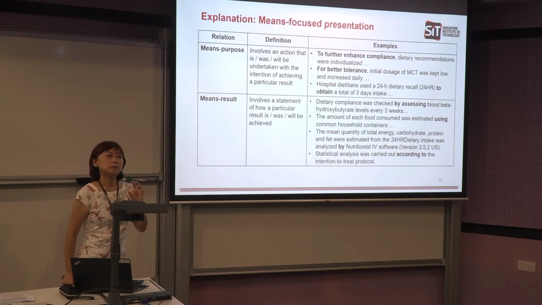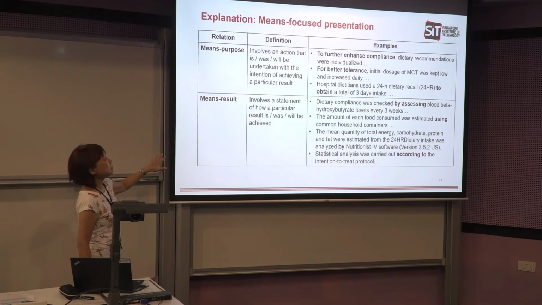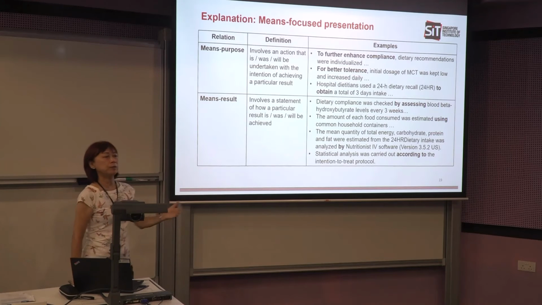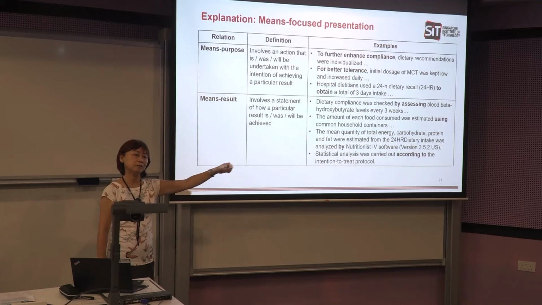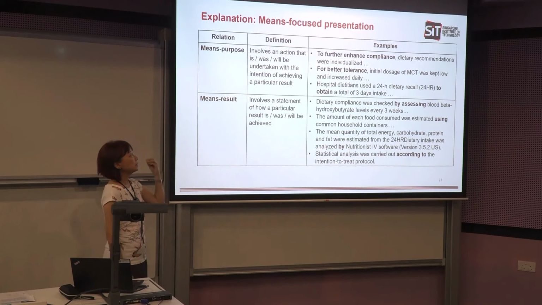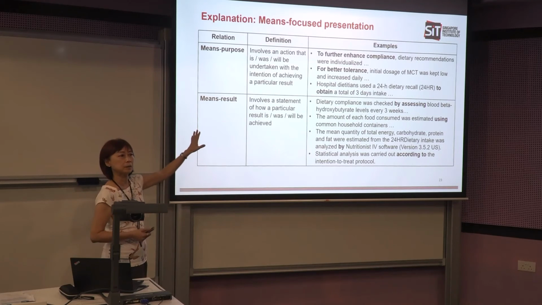Because it's an explanation, the methods will focus on means, right? So we've got means-purpose and means-result. Means-purpose will be telling you we did this because we want to do this, for a certain purpose. Linguistically, the language features used will be something like to further enhance, in order to do this, or for better tolerance. So this indicates the purpose.